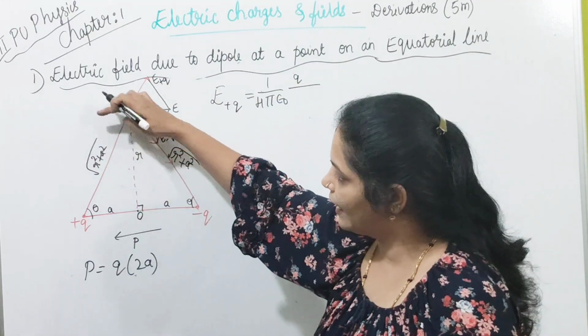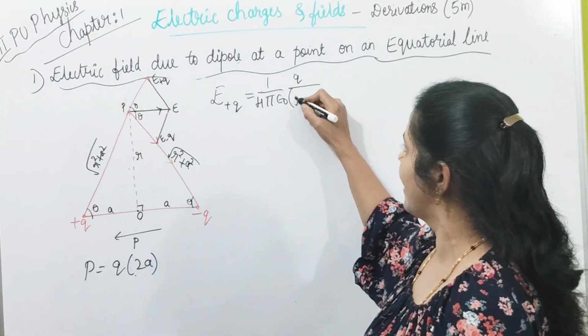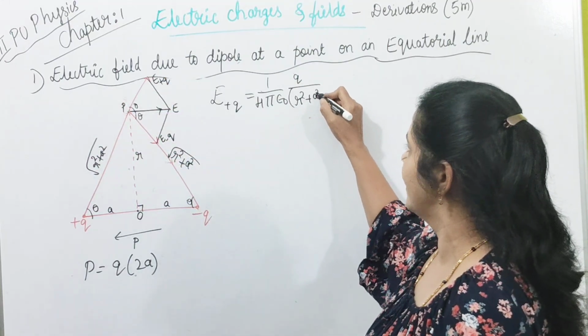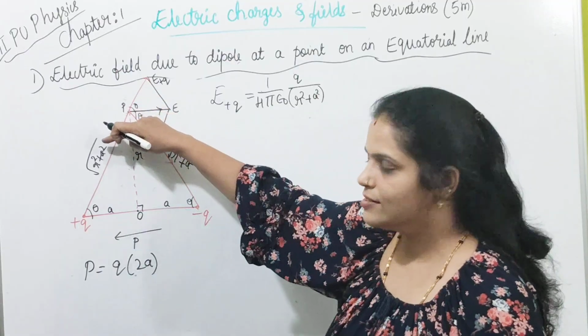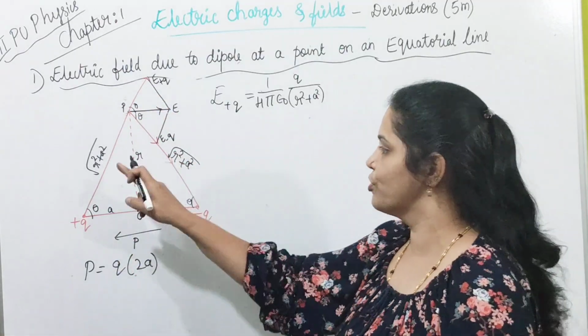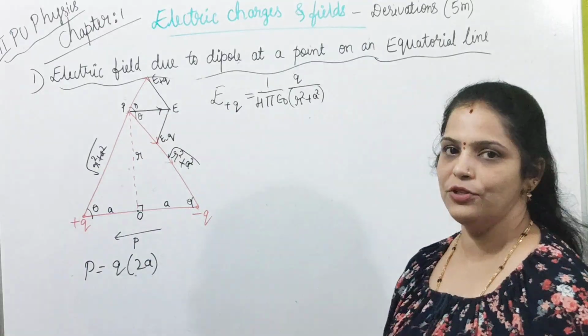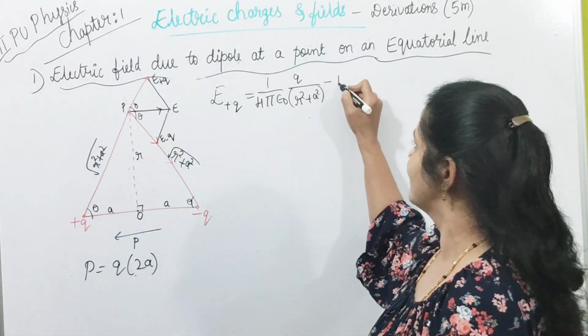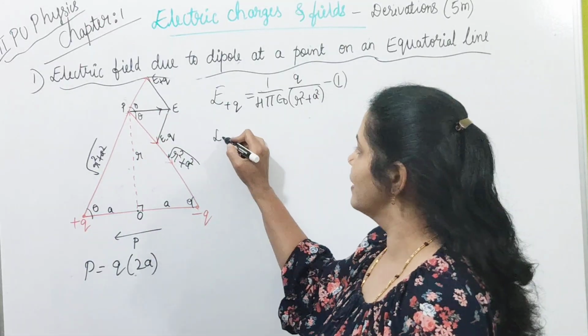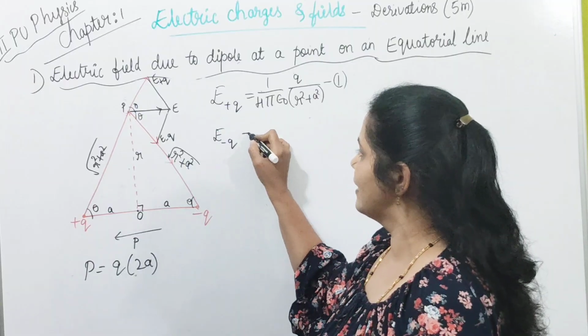While squaring, square and square root cancel, so you should write only r square plus a square. No need of writing in vector form, just keep it as it is. Let me write this as equation 1. Similarly, the electric field due to minus q.